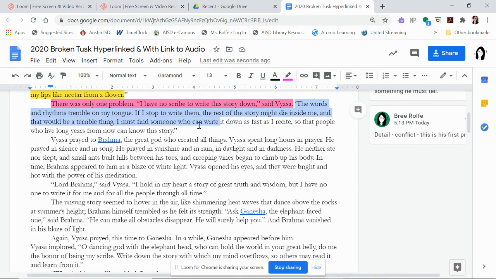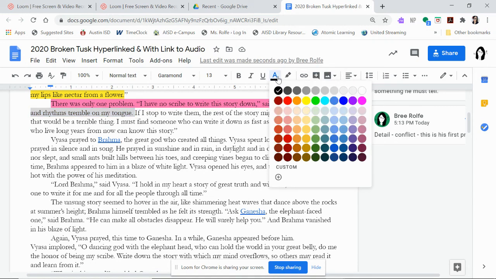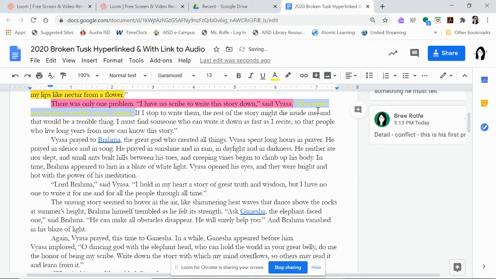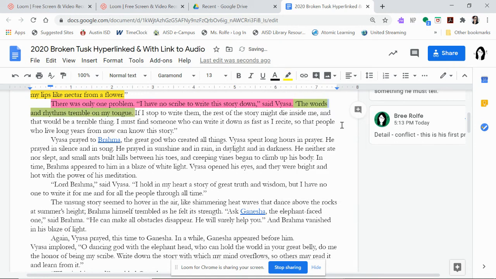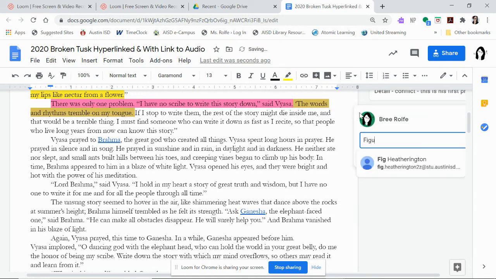And this, right here, "the words and rhythms tremble on my tongue," is figurative language. Again, I did it. Oof. That's a personification.